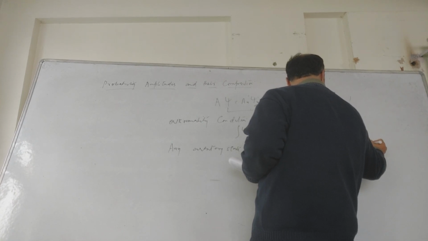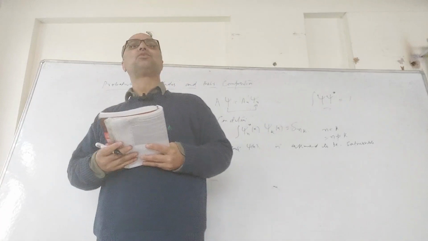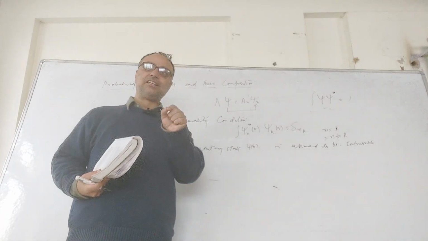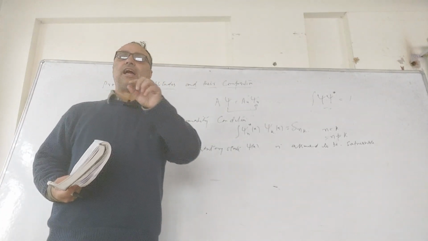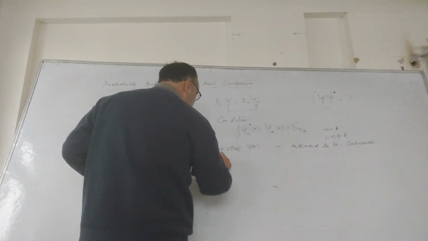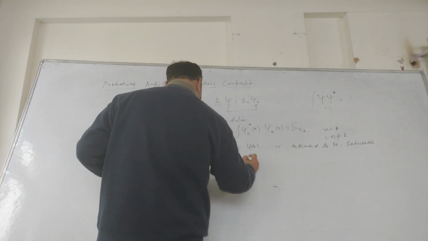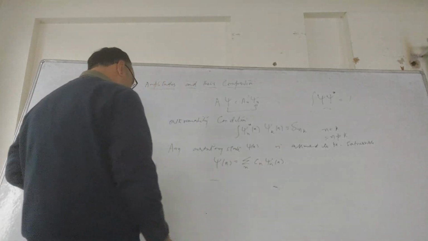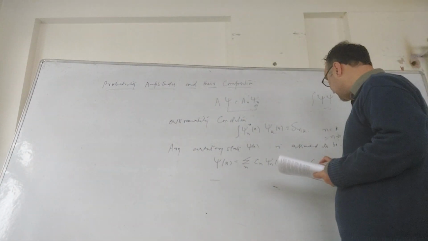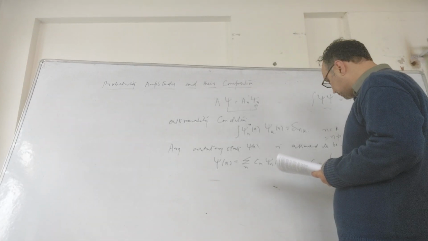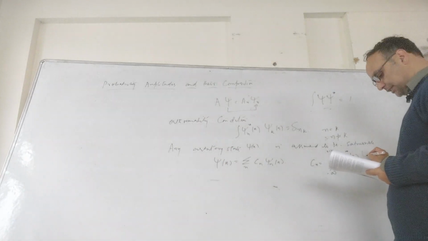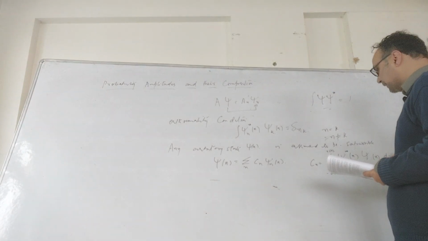if you remember, we wrote psi in terms of expansion coefficients. Psi in any arbitrary state is given by the sum over n of Cn psi n of x, with expansion coefficients Cn, which have the value integral of psi n star of x psi of x dx.